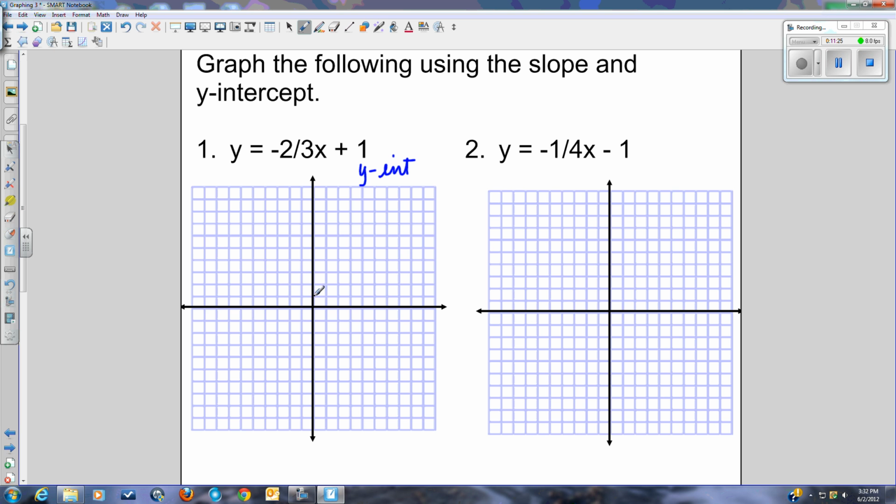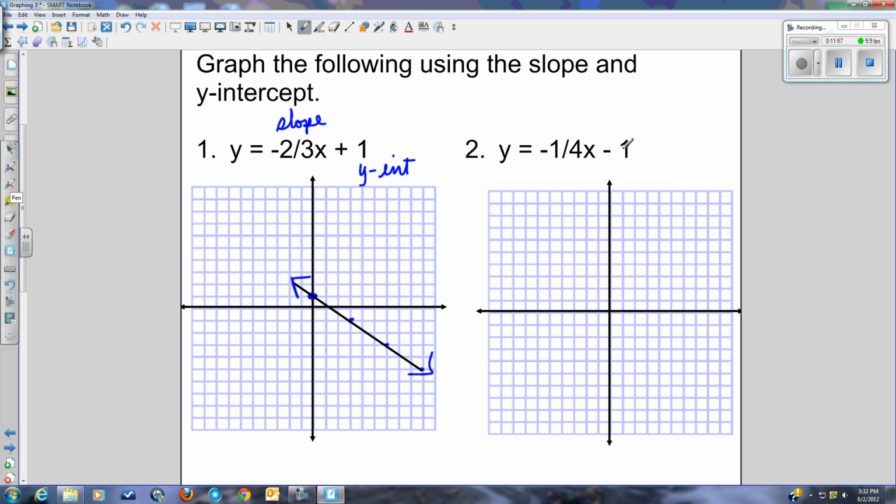So we're going to start by going to 1 on the y-axis. Your slope is negative 2/3. So that means we move down 2 and right 3 to get to our next point. Down 2 and right 3. And now we can just connect those points. So that's another really quick way to graph.